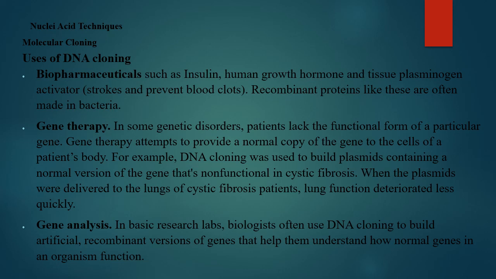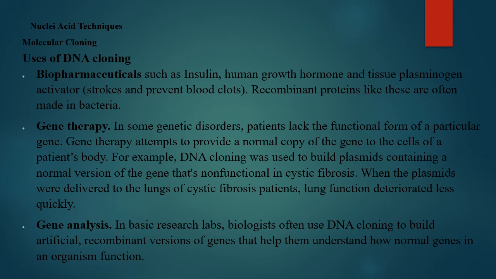We can use it for gene therapy. In some genetic disorders, patients lack the functional form of a particular gene. Gene therapy attempts to provide a normal copy of the gene to the cells of a patient's body. For example, DNA cloning was used to build plasmids containing a normal version of the gene that's non-functional in cystic fibrosis.